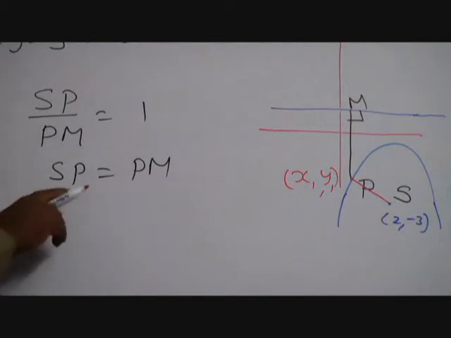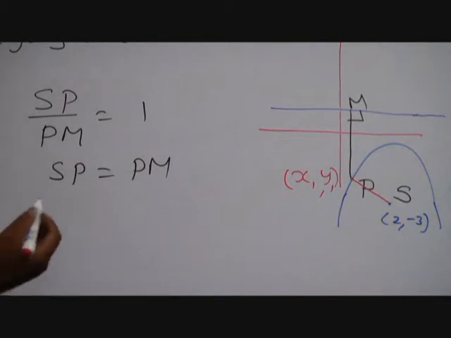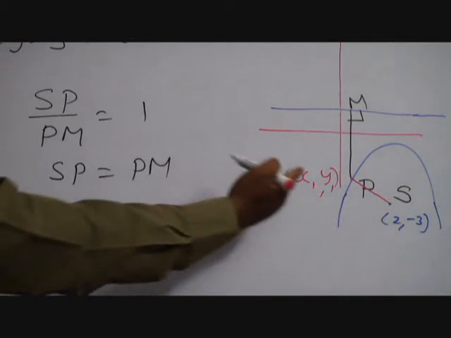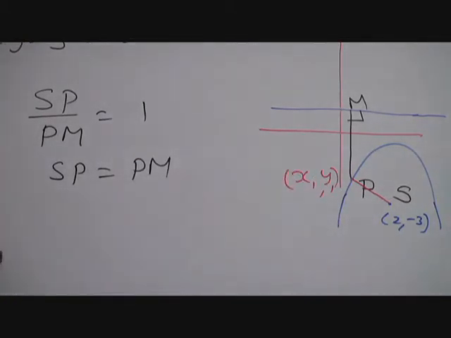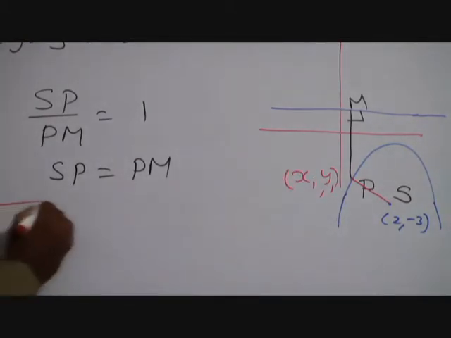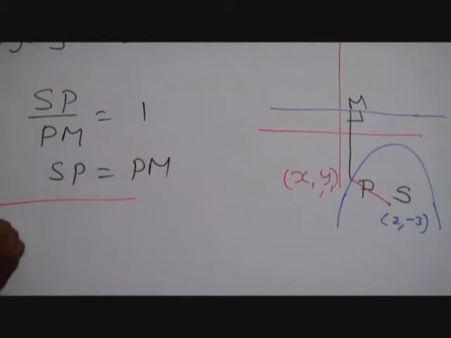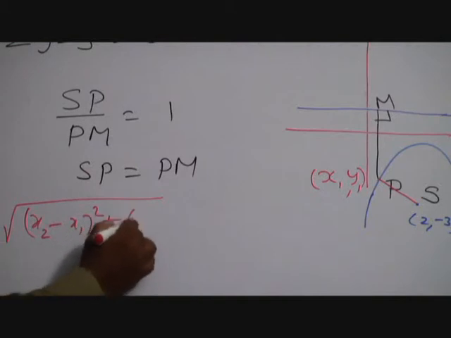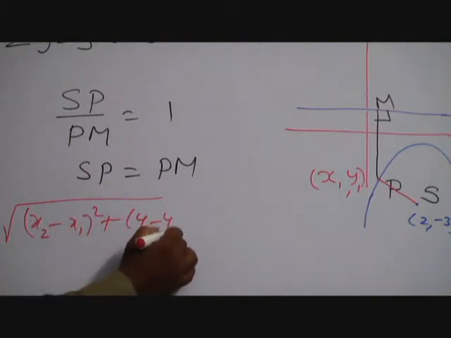Now, how is it possible to find the distance SP? SP is the distance between the given two points (2, -3) and (x1, y1). What is the formula to find the distance between two given points? It's the square root of (x2 - x1) whole square plus (y2 - y1) whole square.